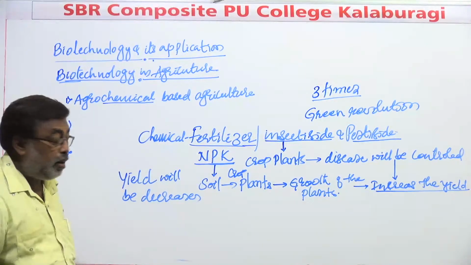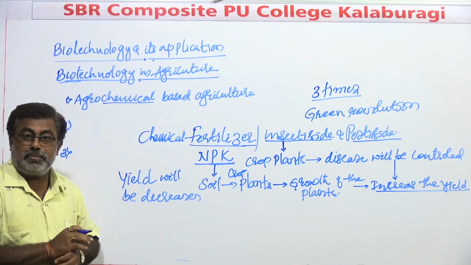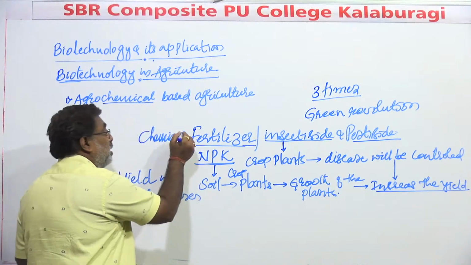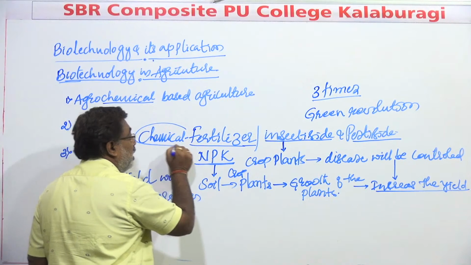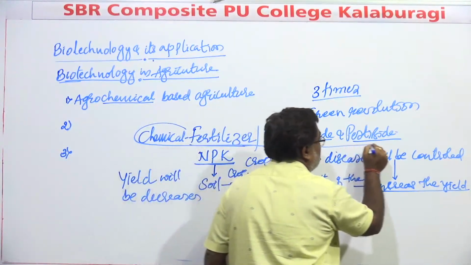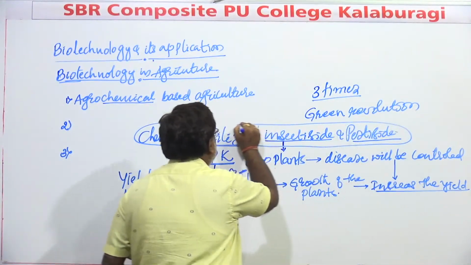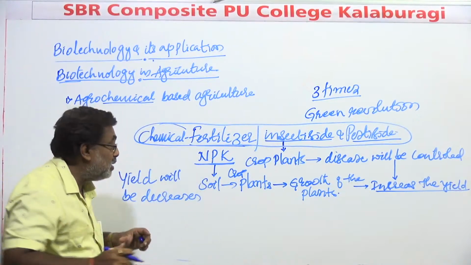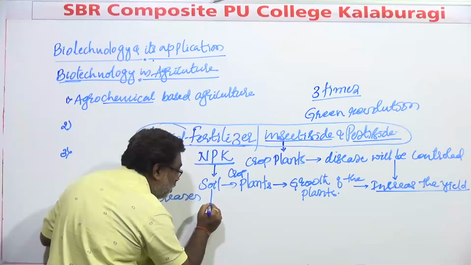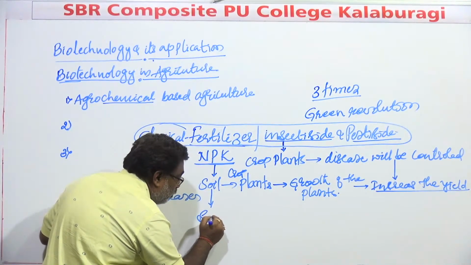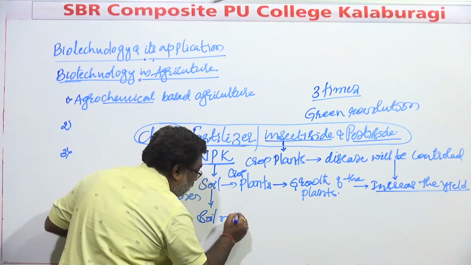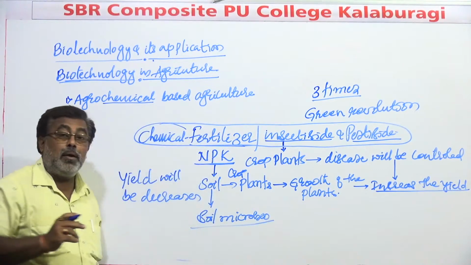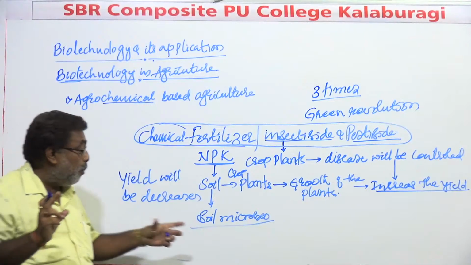The yield of the plant will decrease. Why will the yield of the plant decrease? Because these chemicals, insecticides, pesticides, fertilizers will spoil the soil microbes. We call that microflora, soil microbes.